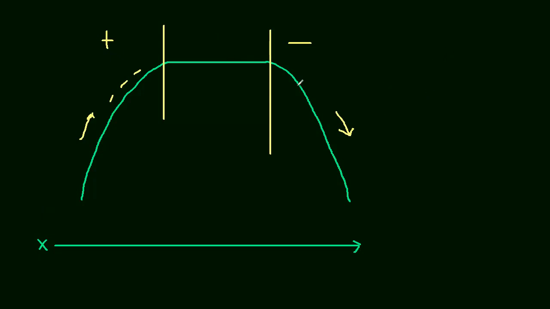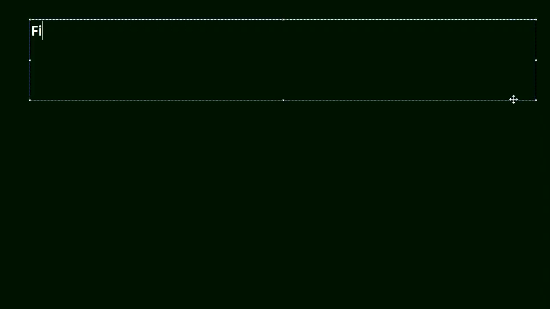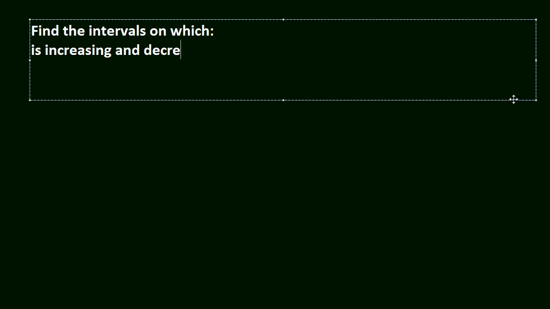So let's use all of that, what I just said. So let's do that. So find the intervals on which, and then I'm going to write a function, is increasing and decreasing.